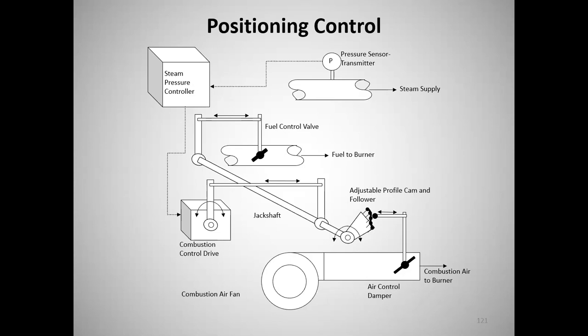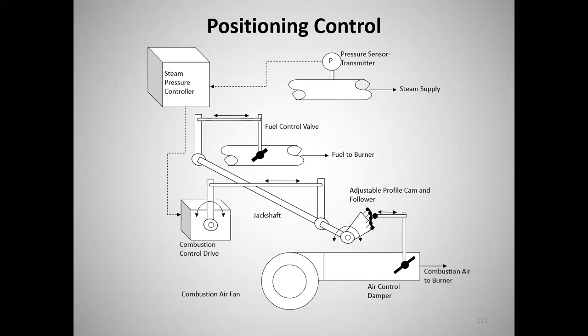When the pressure starts going down, that pressure sensor sees it, sends a signal to the controller and says, hey, make some more steam. So what happens? The controller, that combustion control drive, moves in order to open the fuel valve. That's how you make more steam. You put in more fuel.